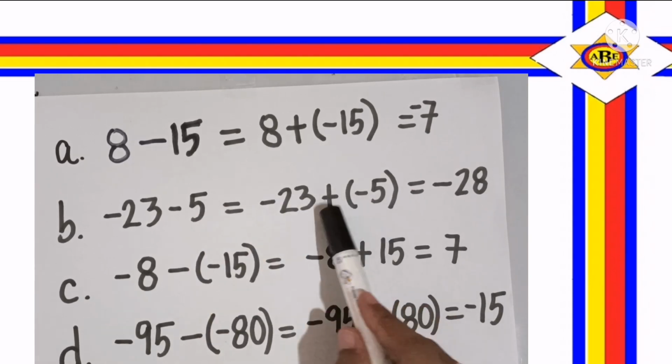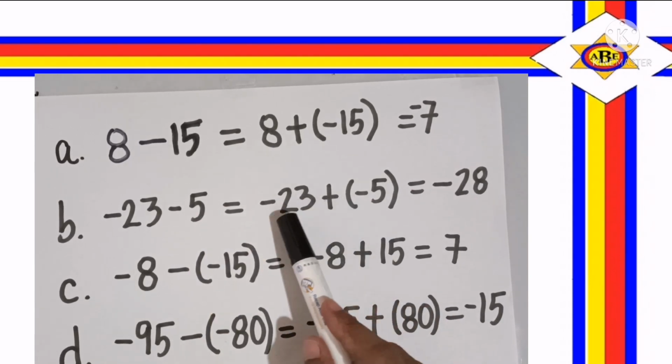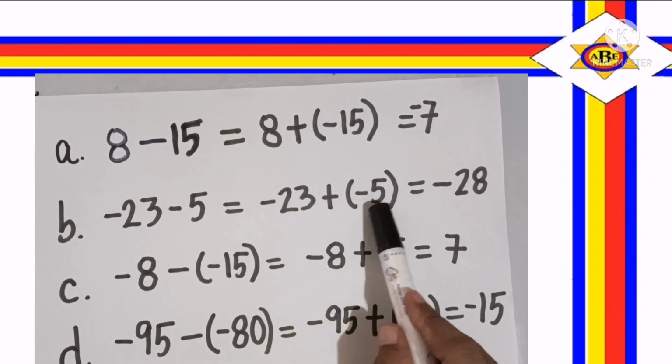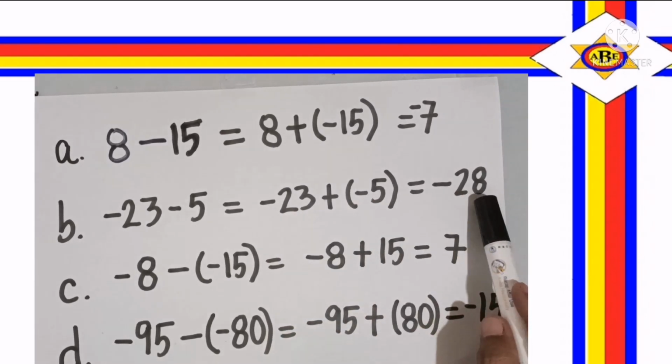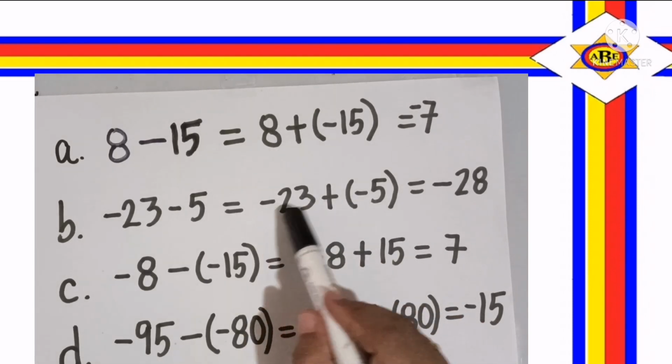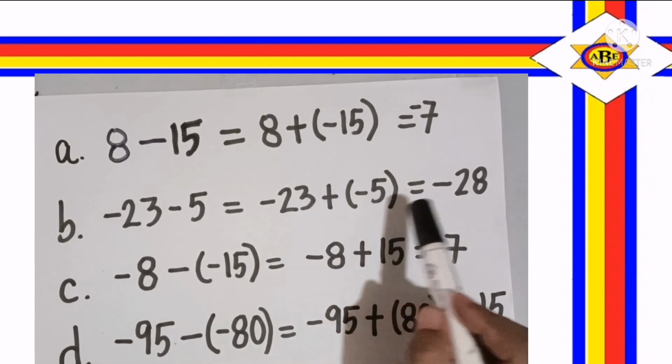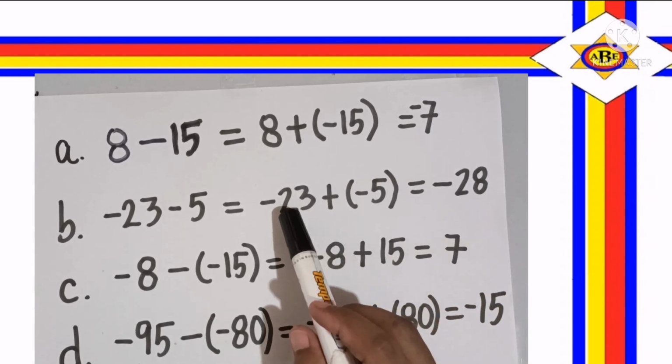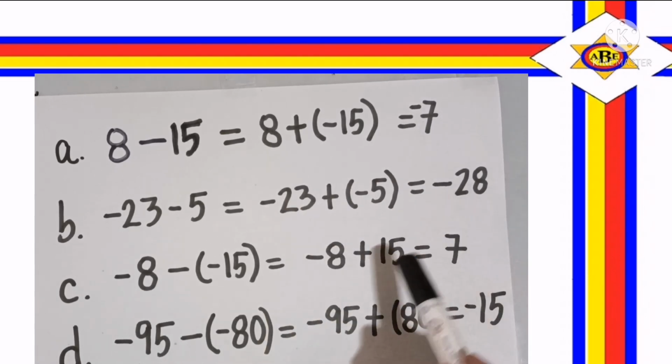That's why this is negative, then plus. So negative 23 plus negative 5, negative 28. Okay? So, we copy the sign, negative. So, like sign, of course, that's negative.